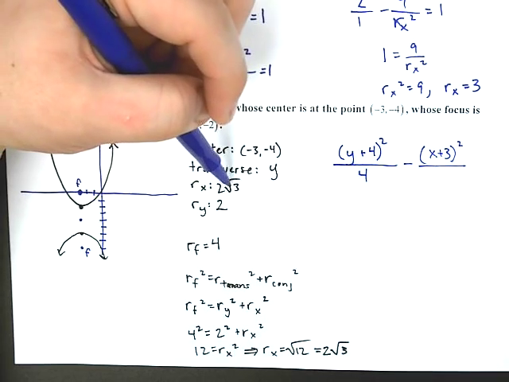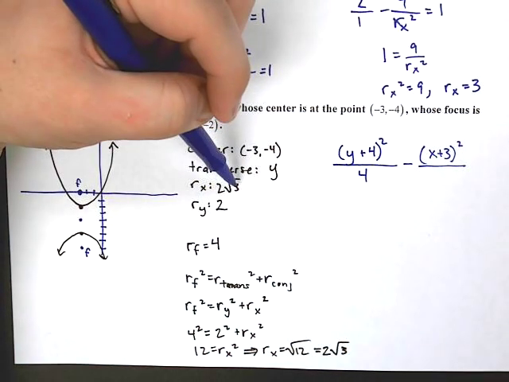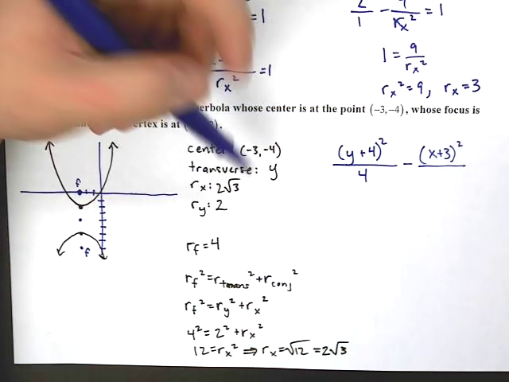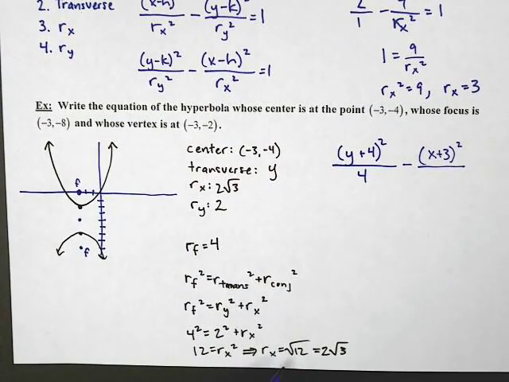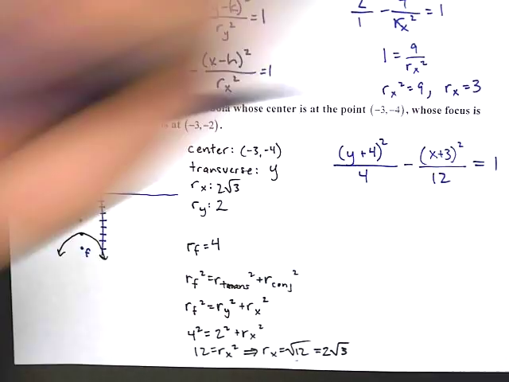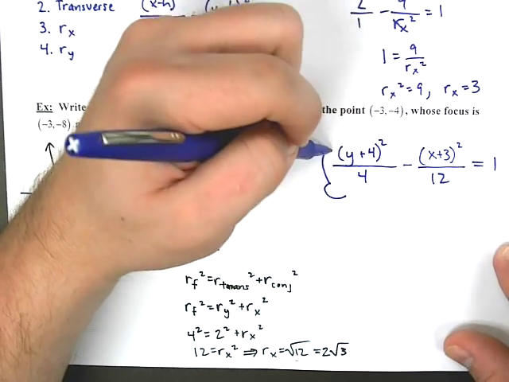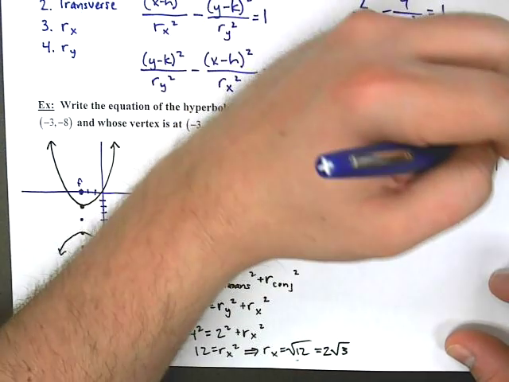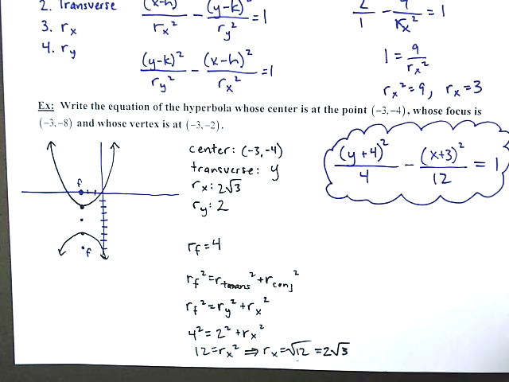Instead of squaring 2 root 3, like squaring the 2 and squaring the root 3, just remember that r sub x is still down here as square root 12. So square root 12 squared is just 12. And of course, then we are done. And we bubble that. So we have our answer.